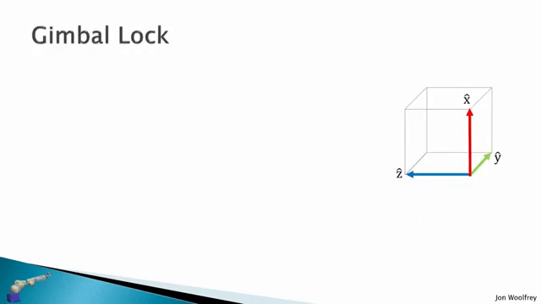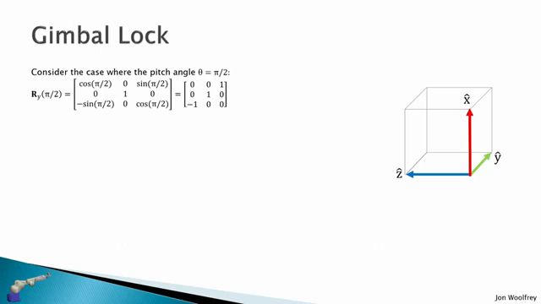So one thing we need to consider when working with roll, pitch, yaw angles is the problem of gimbal lock. So if I take a reference frame and rotate it about theta equals pi on 2, as shown here, then I have this rotation matrix.